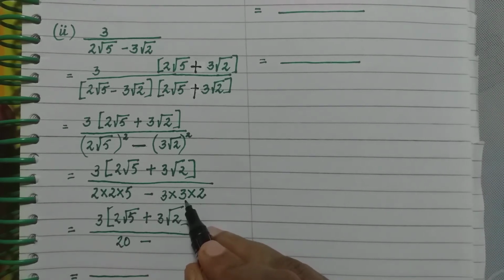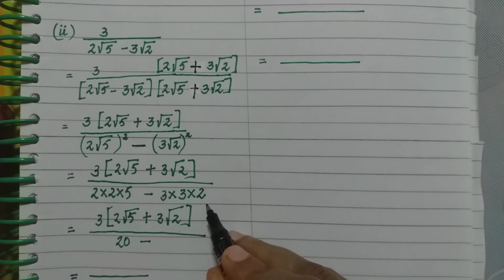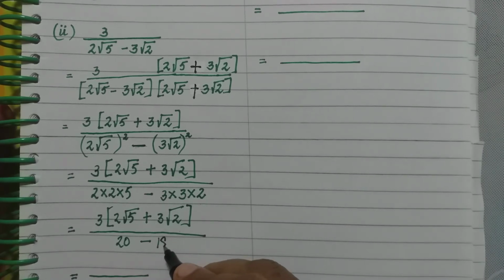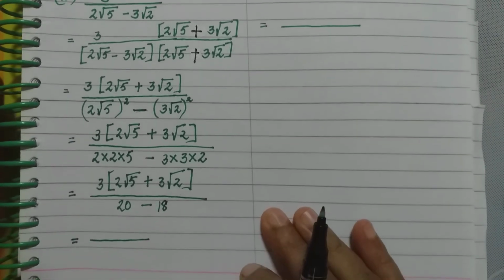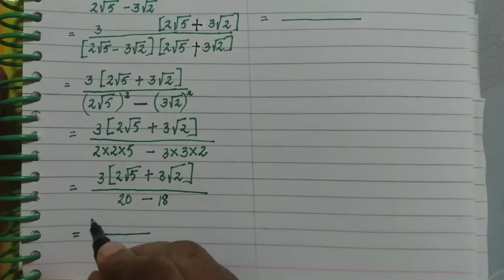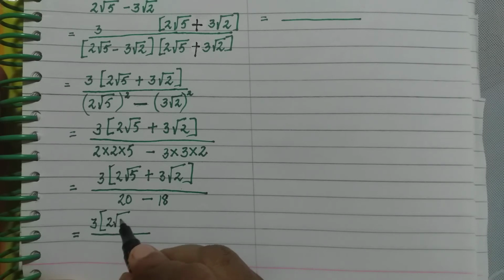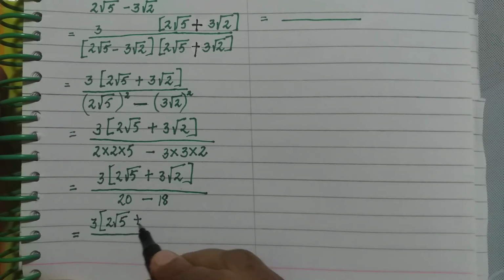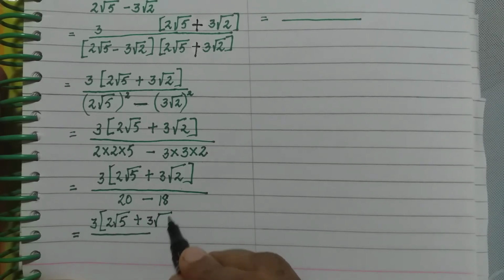3 into 3 is 9. 9 into 2 is 18. So you have 18. Therefore, the numerator will remain the same. That is 3 into 2 root 5 plus 3 root 2.